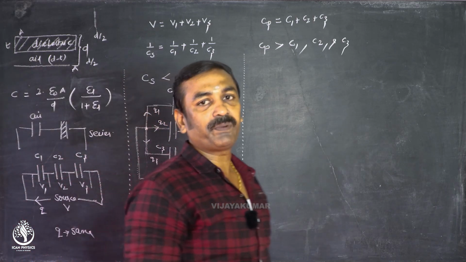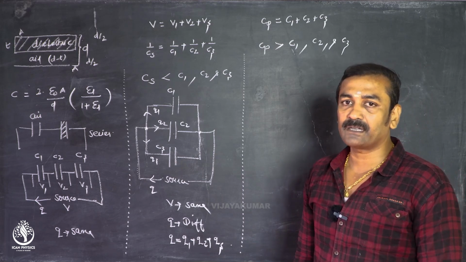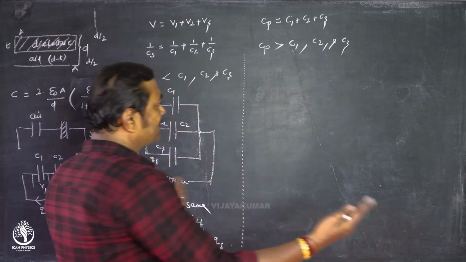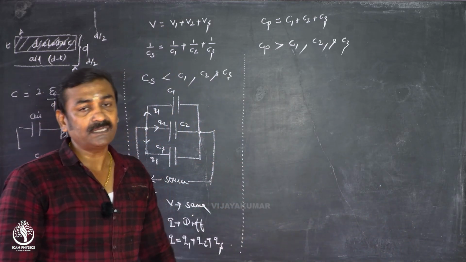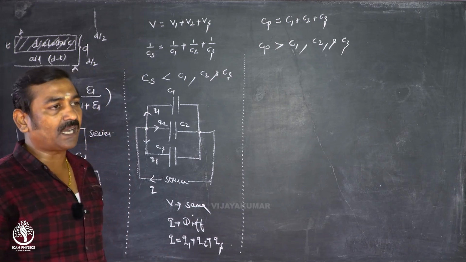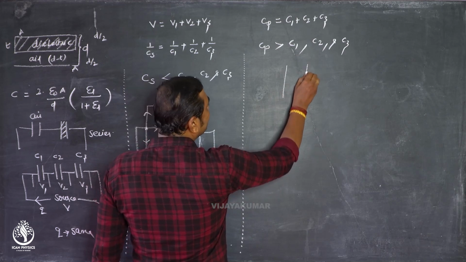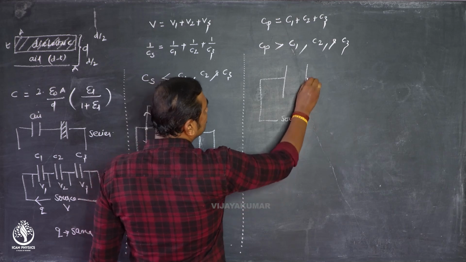From the exam point of view, we can expect questions on the combination of capacitors. Let us consider the capacitor is a device used to store charges. How much charge is stored? How much energy is stored? Let us consider a parallel plate capacitor connected with the source.